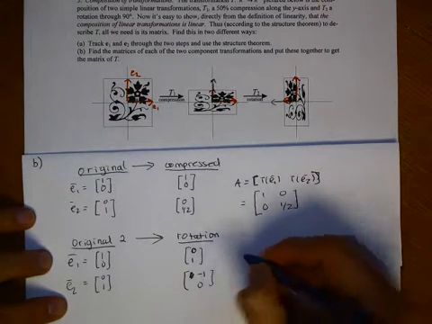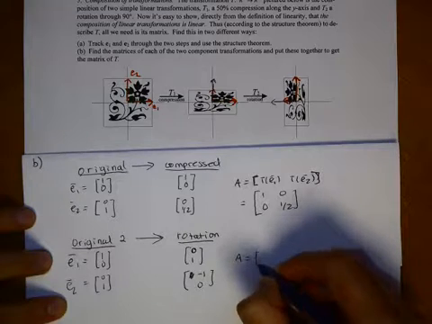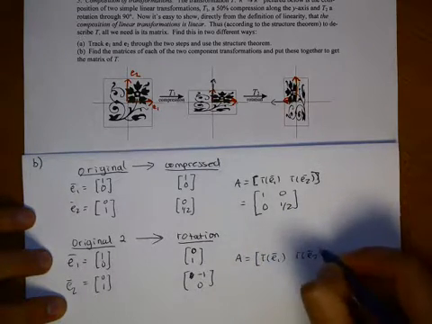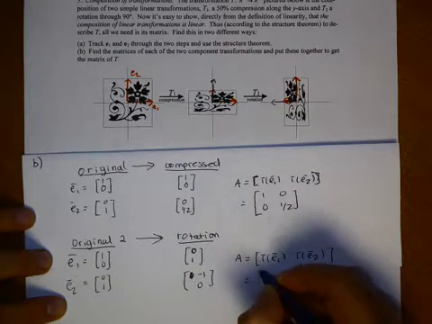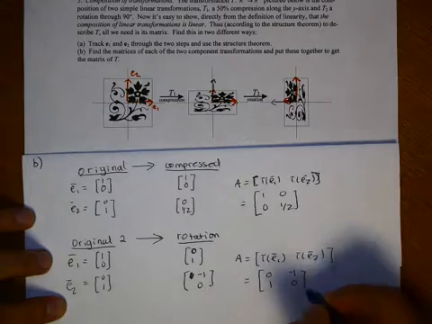Now let's make a matrix for this transformation. So here's our transformed E1 and our transformed E2.